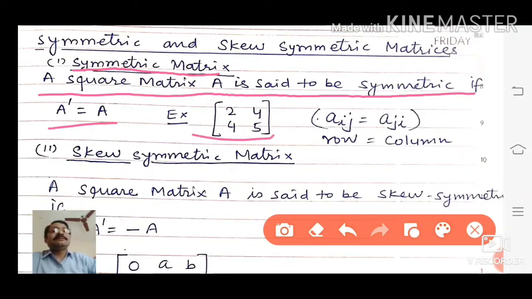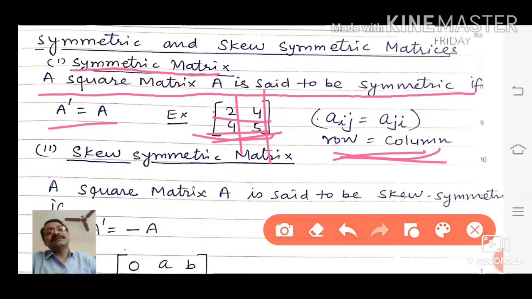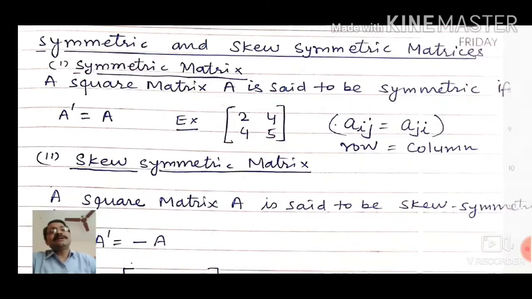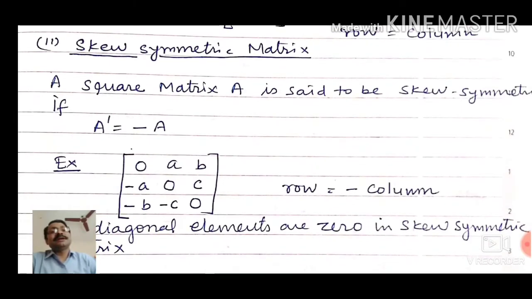In this matrix you can see 2, 4, 4 and 5. The first row and first column are the same, the second row and second column are the same, so we can say it is a symmetric matrix.